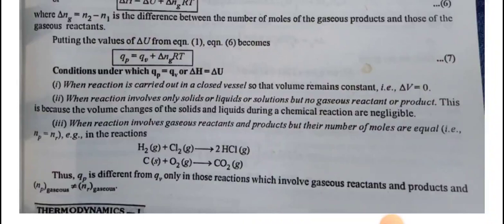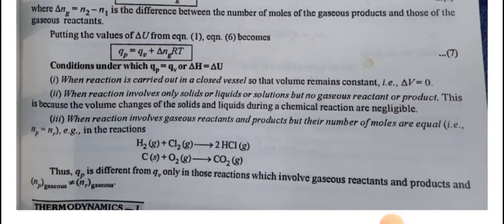Second, when the reaction involves only solids or liquids or solutions but no gaseous reactants or products. This is because the volume changes of solids and liquids during a chemical reaction are negligible. Third, when the reaction involves gaseous reactants and products but their numbers of moles are equal, that is np is equal to nr. For example, in the reactions H2 gas plus Cl2 gas is equal to 2HCl gas, and C solid plus O2 gas is equal to CO2 gas.